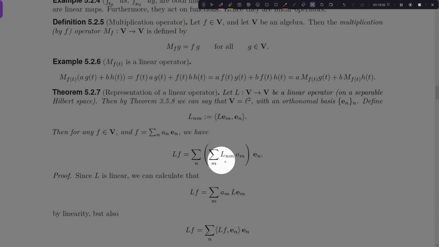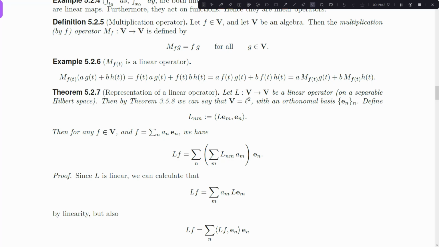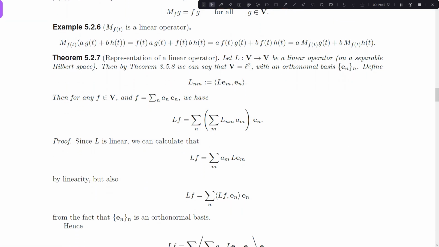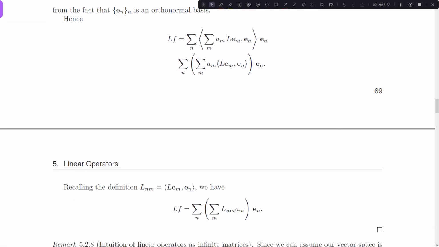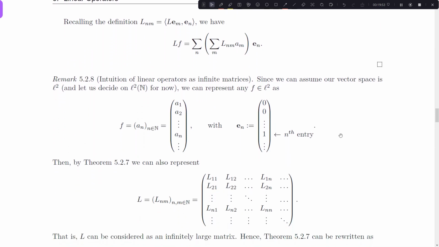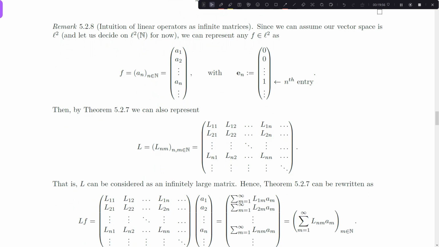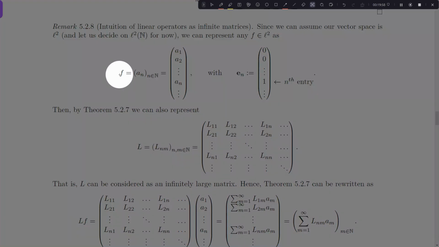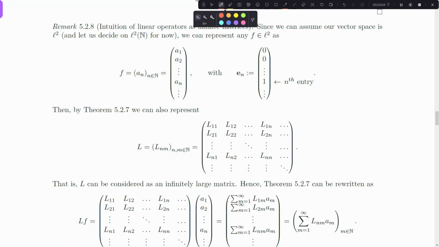So this is actually precisely matrix multiplication of L against f considered as a vector. So we're going to scroll down a little bit. There's the proof there. That's really not that important. But if we look down, here's really what I was trying to reference: we can reinterpret a function just as its sequence of coefficients, right? So let's say f as a function, maybe it's equal to the Taylor series, right?